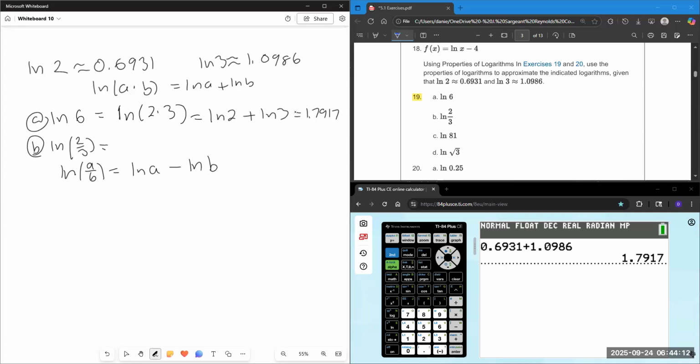So using that, this is going to be ln of 2 minus ln of 3. It's going to be equal to, let's change this to a minus sign, negative 0.4055.